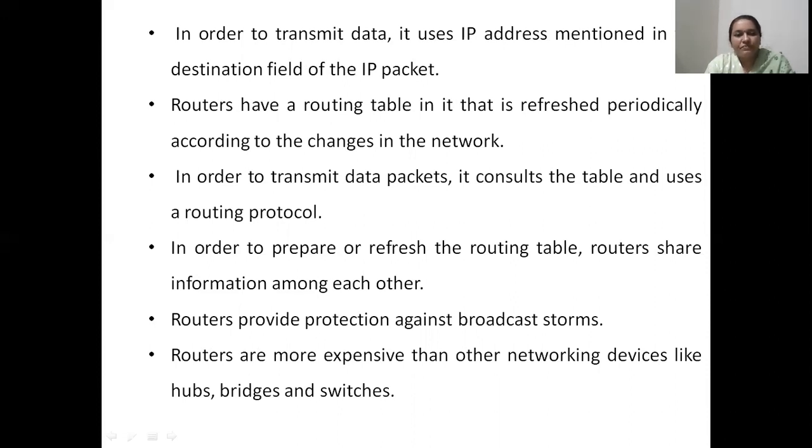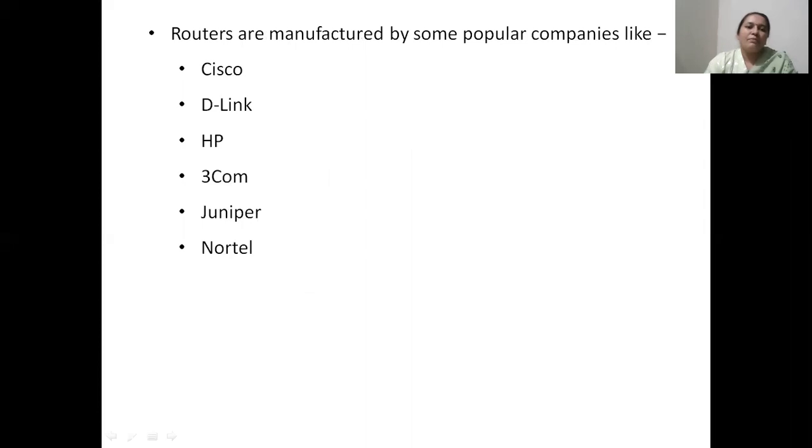Routers are comparatively very expensive networking devices compared to other devices like hubs, bridges, and switches. Some of the companies which manufacture routers are Cisco, D-Link, HP, 3Com, Juniper, Nortel, and so on.